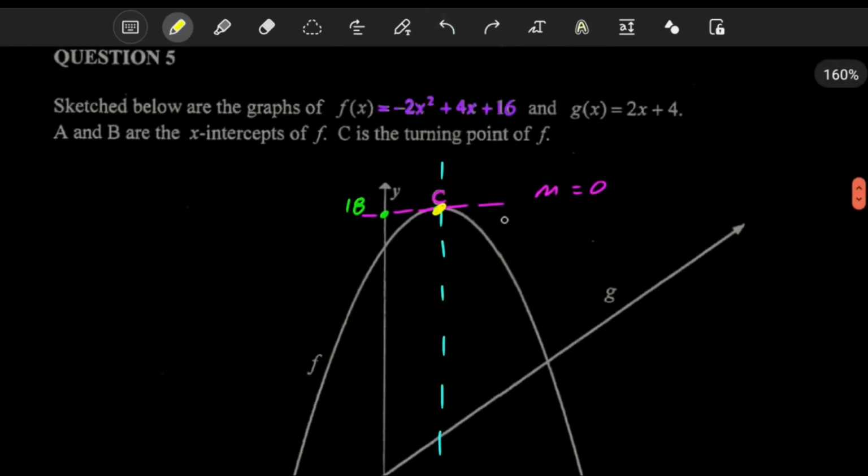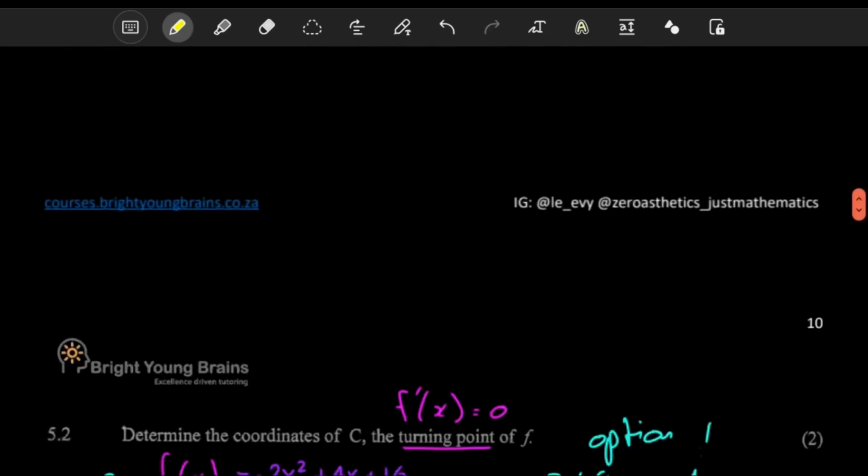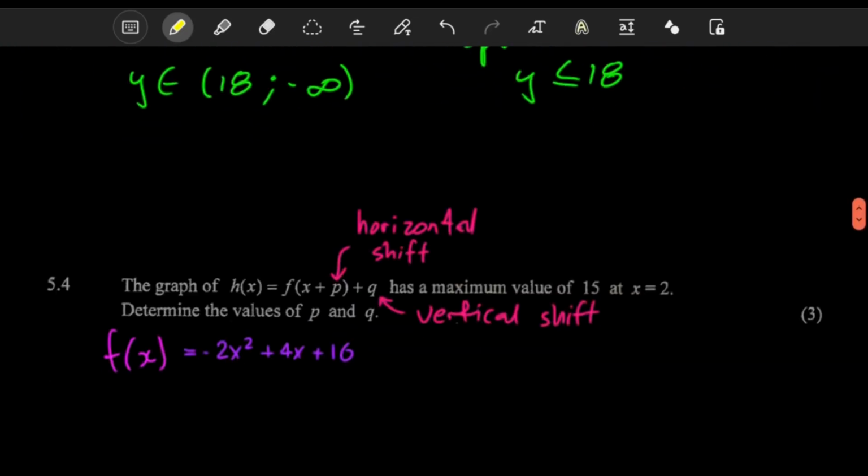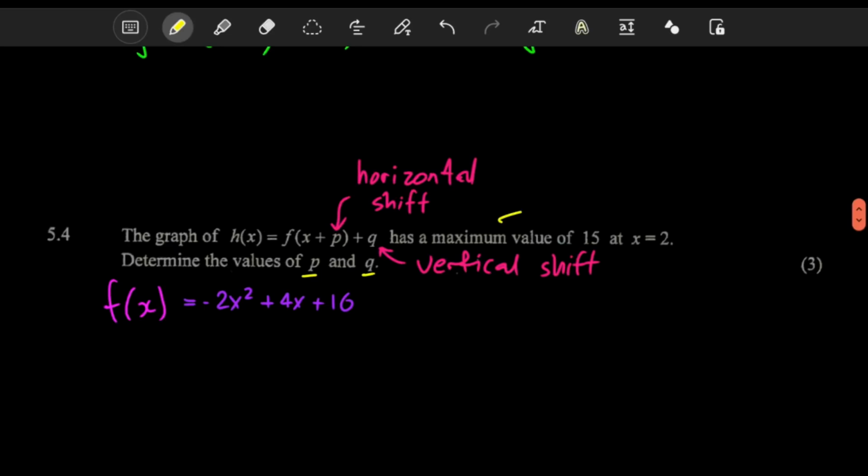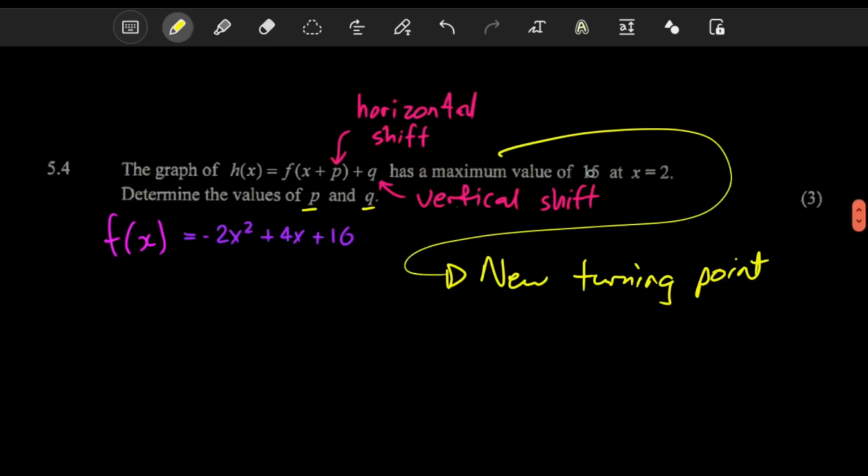So initially, we know that our turning point is just the coordinate (1; 18). When these two shifts have happened, they're asking us to determine the value of p and the value of q. If they said our graph has a maximum value of 15 at x equal to 2, it means that our new turning point is where x is 2 and y is 15.